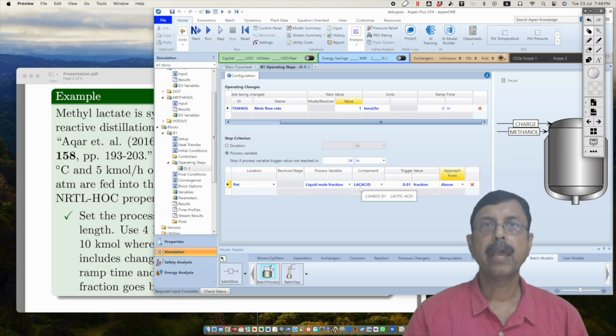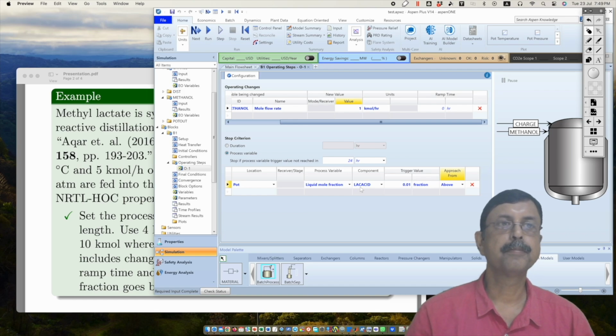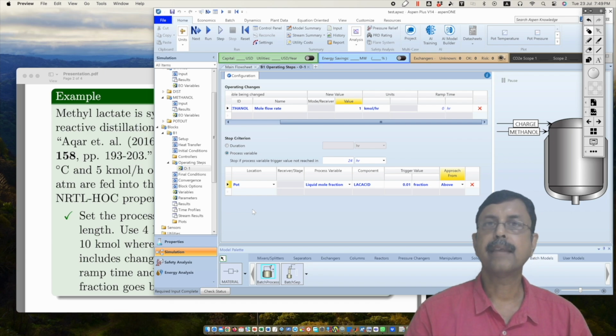And we are expecting it to go beyond 0.01, so it is approaching from above. So that's exactly what we are putting over here. So like that, all our conditions are set.